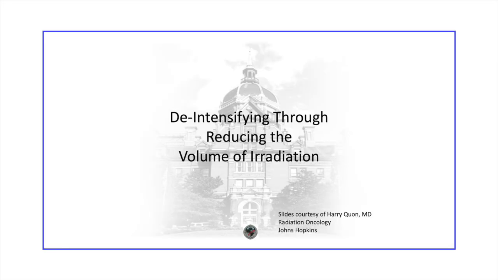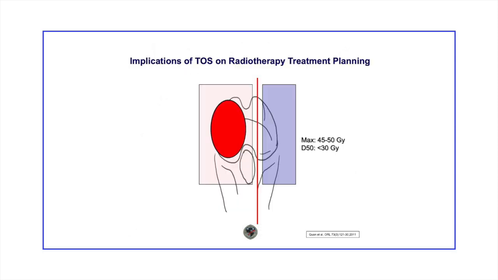So how does de-intensification work with surgery? In short, the surgery allows for the reduction of the volume of tissue that needs to be radiated. These are slides courtesy of Dr. Harry Quon, where we can see, for example, without TORS, the darker red oval shows the area of radiation and then the collateral radiation damage.